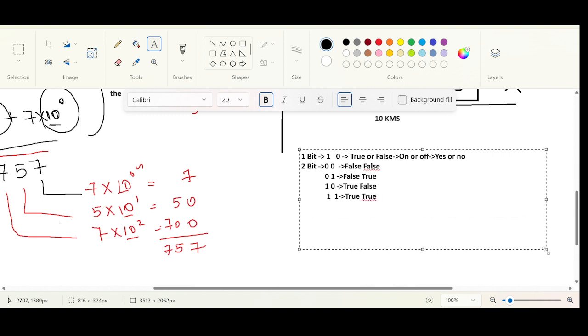If you have 3 bits, you can pass 8 combinations of information. 8 combinations. 0, 0, 0.